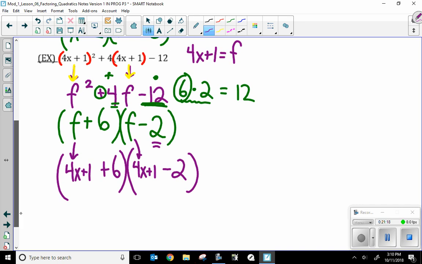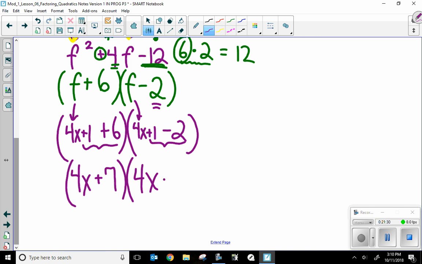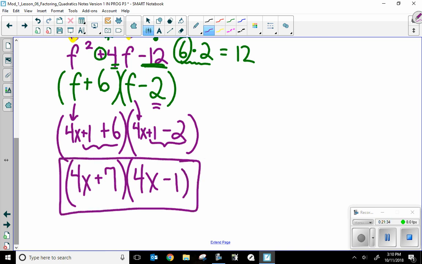If I wanted to clean this up, I can. I have 4x, 1 and 6 would give me a positive 7. 4x, 1 minus 2 is negative 1. There you go. That's the answer. Enjoy life, because now math is easy.